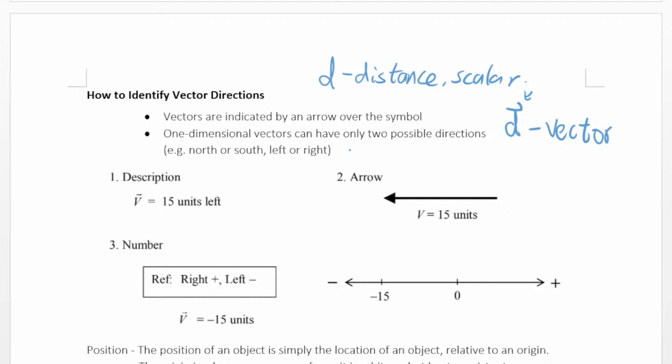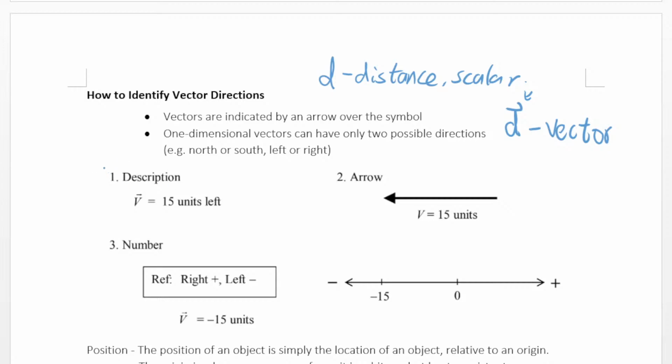You'll learn about three-dimensional, even higher dimensional vectors at university. They're very exciting, and you can do quite a lot with them, and there's so much more to vectors than what I'll be presenting today, which is things with direction. But in Science 10, you only have two possible directions, which allow us to represent vectors in the following ways.